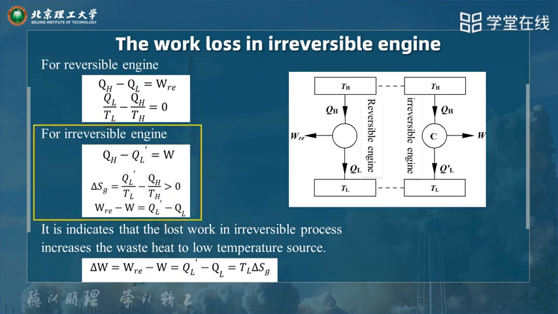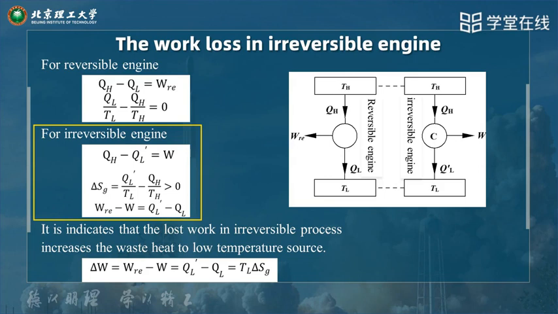On the other hand, for the irreversible engine, by the energy balance, we obtain QH minus QL prime equals W. Here, W is the actual work given out by the engine. Also, in this process, the entropy generation is delta Sg.